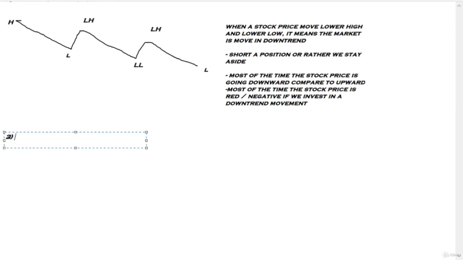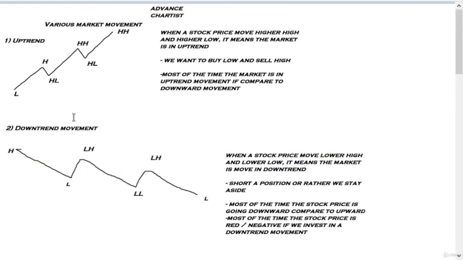So the next movement is what we call a sideway movement. The sideway is pretty special. It's a little bit different from uptrend and downtrend, where we have a direction, either upwards or downwards.